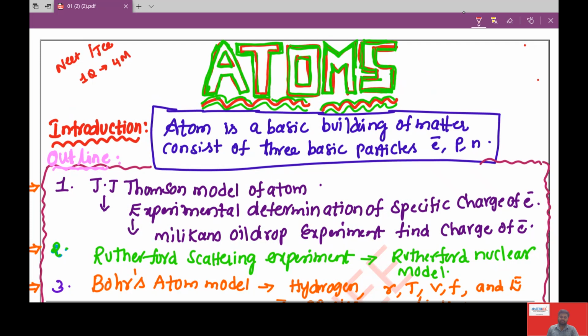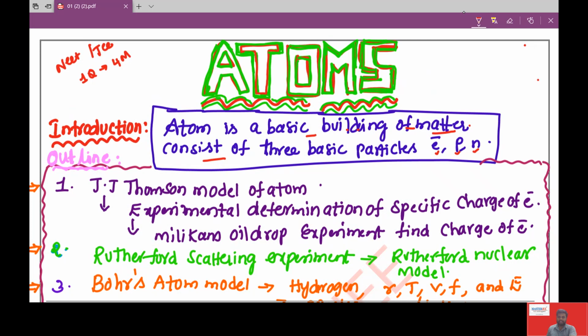Then what is the atom? First of all, atom is the basic building block of matter. If there is any matter, definitely atom will be there. We know the atom consists of three basic particles: electron, proton and neutron.